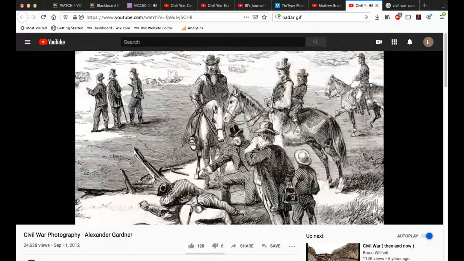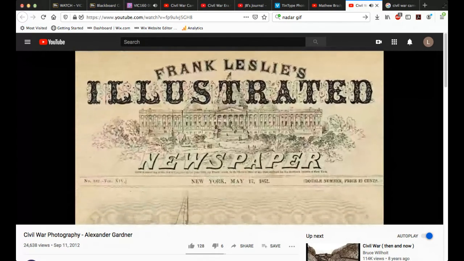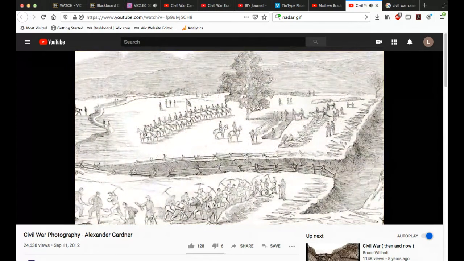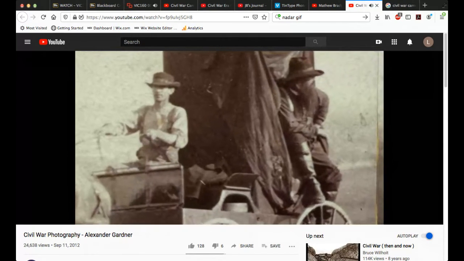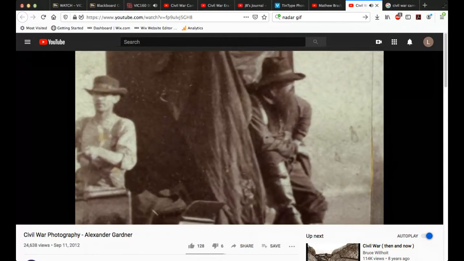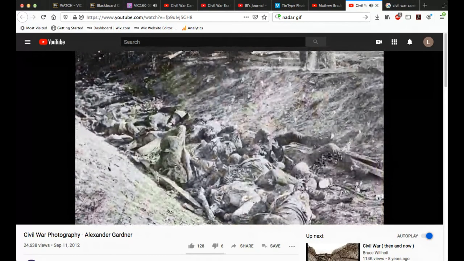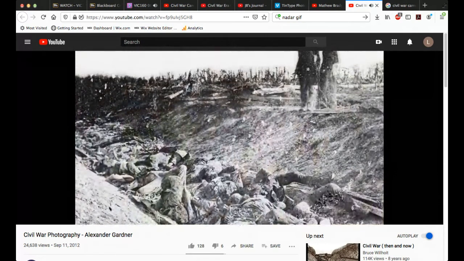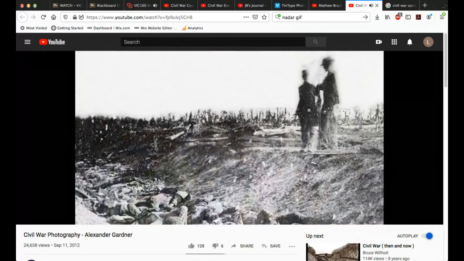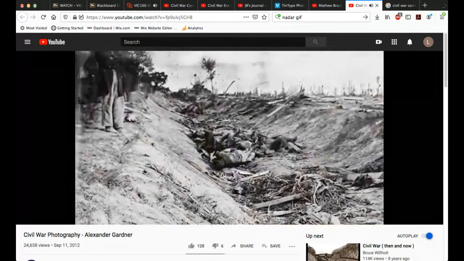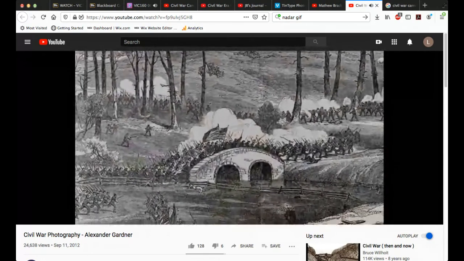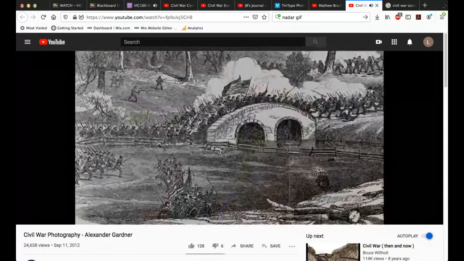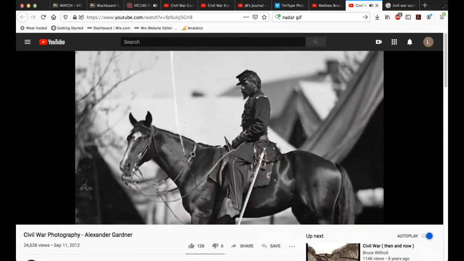You had the artist correspondent of Frank Leslie's Illustrated Newspaper, Frank Schell, sitting on the hillside doing a from-life sketch, and then not too far away, you had Alexander Gardner with the new technology of photography capturing Confederate dead in the sunken road before they were pulled out and put in the burial trenches. And I just think that's pretty interesting to see that you have the old means of recording to be printed in a newspaper, and you have the new technology of photography both at the same time, same day, same place.